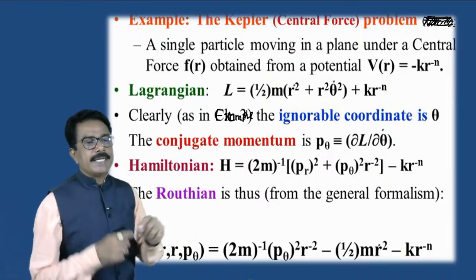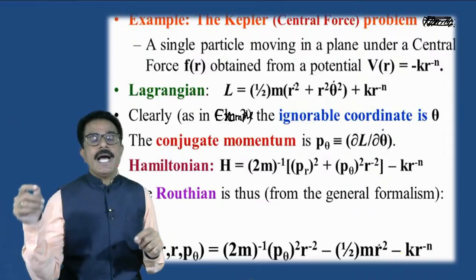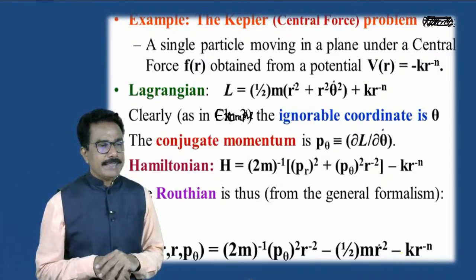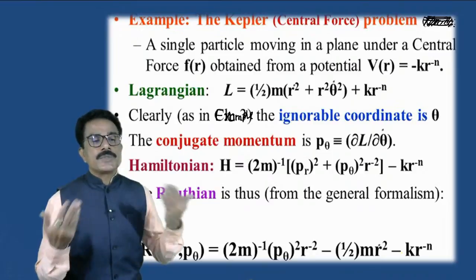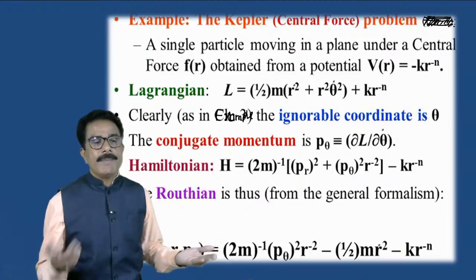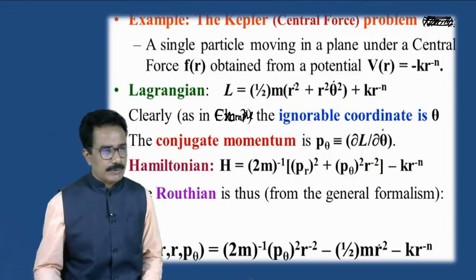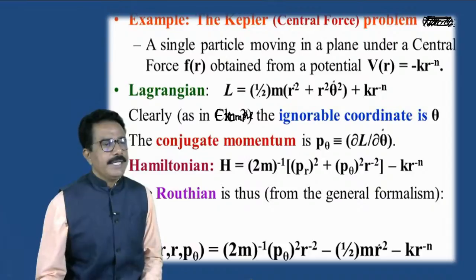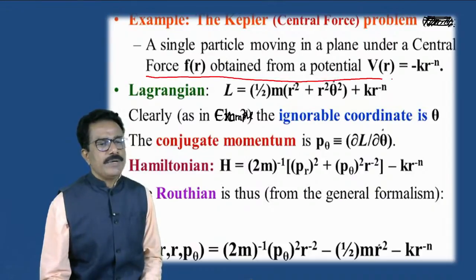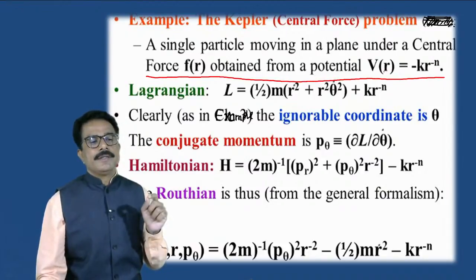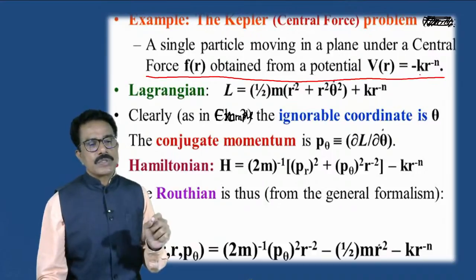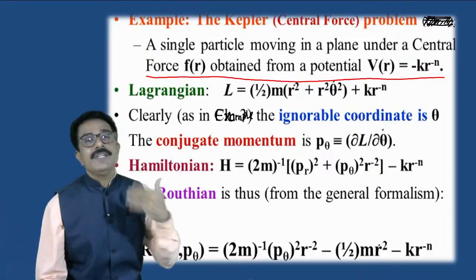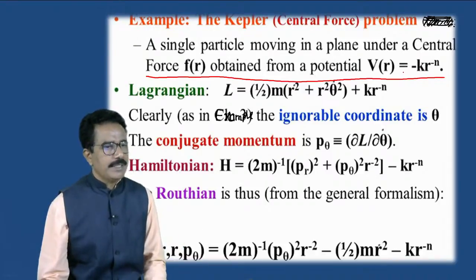A single particle moving in a plane under a central force F of r, then its potential energy is given by V of r is equal to minus k r raised to minus n. It is an nth dimensional system.